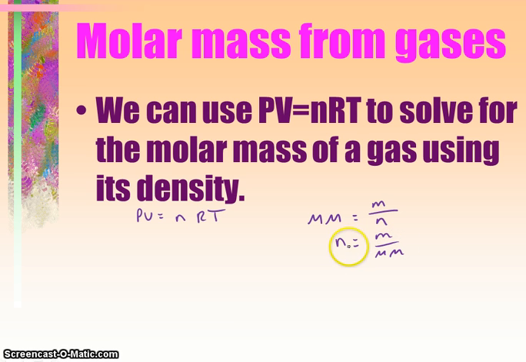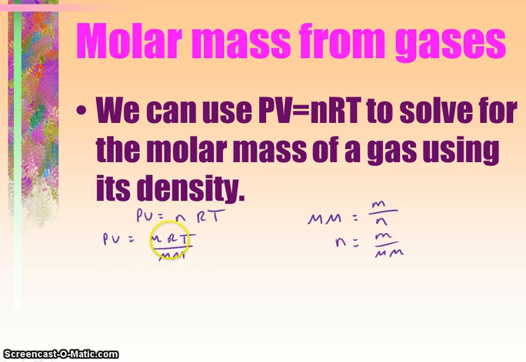Now we're going to do a substitution. For n in our ideal gas law problem, we're going to substitute in m over MM. So PV equals mRT over MM. And then we're going to play a little bit more algebra.